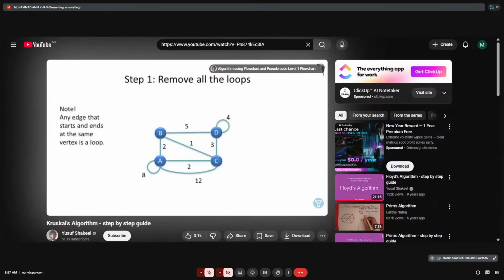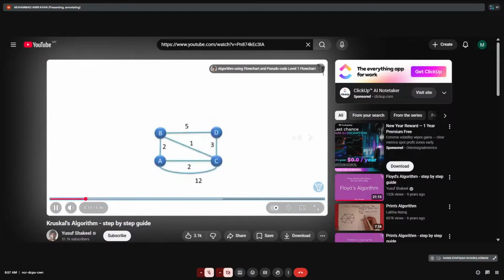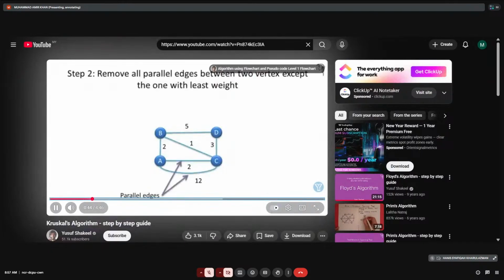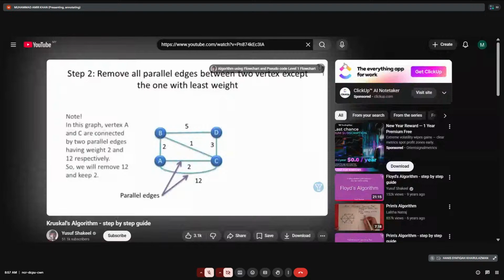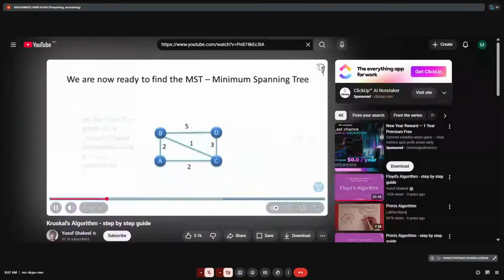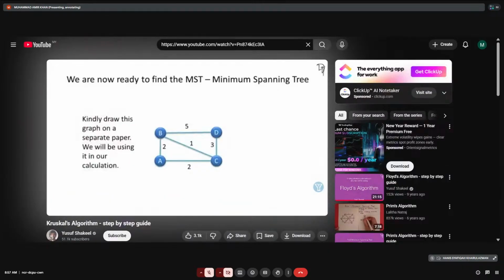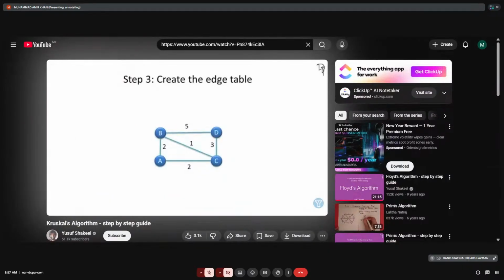Remove all the loops and then remove the parallel edge. We will keep 2 and remove the 12 from A to C. And now we will find the MST. You can draw this on a separate paper.